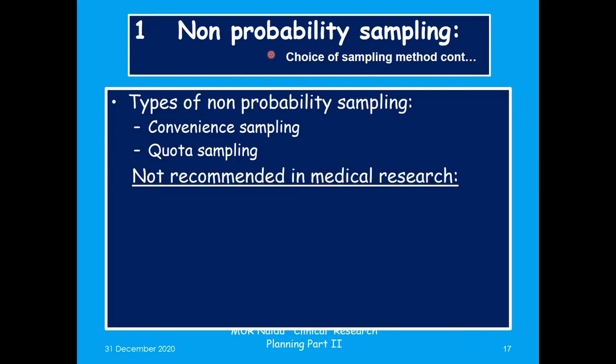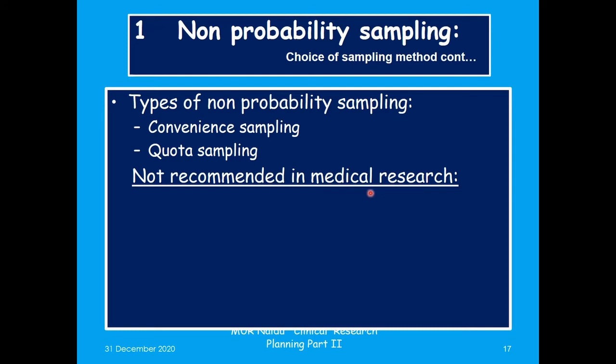Types of non-probability sampling include simple convenience sampling, whenever somebody is coming, they are included into the trial, or quota sampling, where a group of people are available to participate in a clinical trial and they are included. This type of non-probability sampling is not recommended in good medical research.